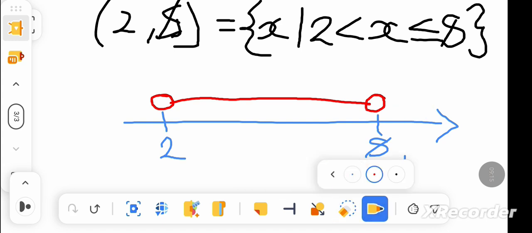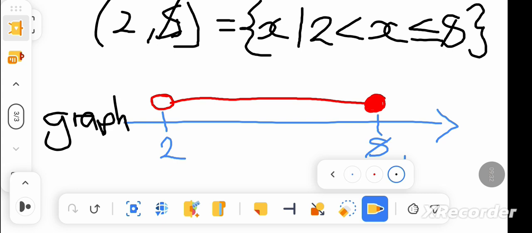Then, since 8 is included, we shade this circle here. So a shaded circle here means 8 is included. By so doing, this is the graphical representation, and this one here is the inequality. Okay, so that is for question 48.